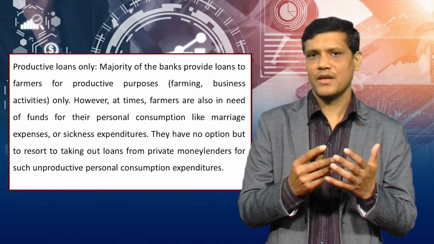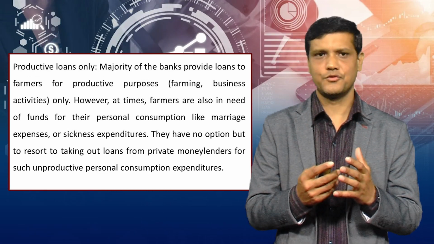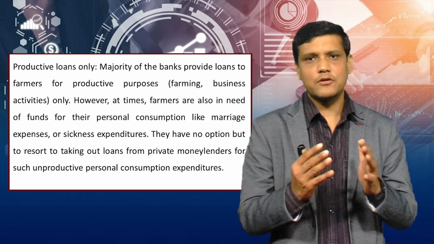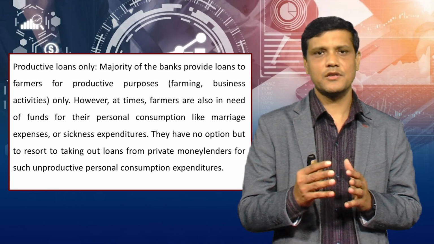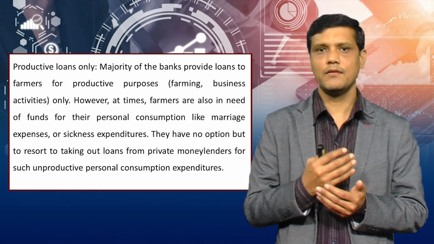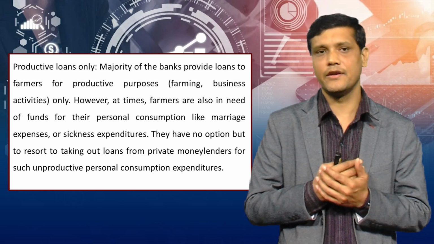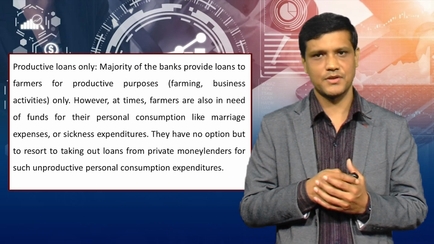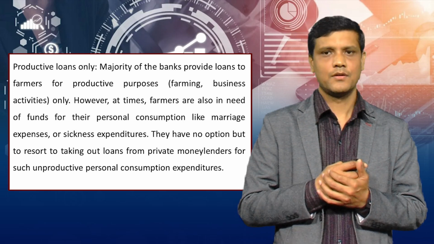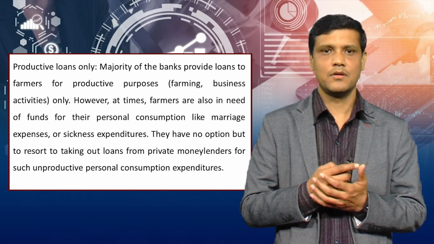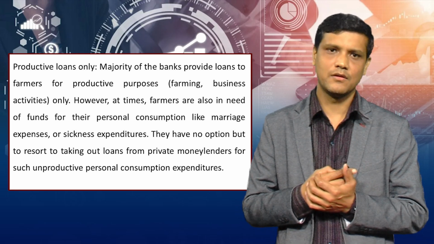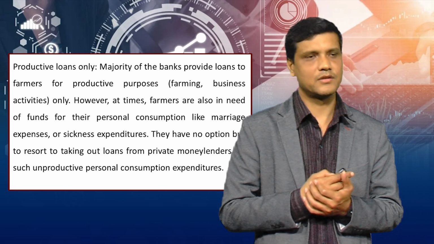So it becomes very difficult for farmers to provide collateral to obtain a loan. Then the majority of the banks provide loans to farmers for productive purposes only, that is, only for farming activities. However, at times farmers are also in need of funds for their personal consumption like marriage of children, sickness expenditures, etc. In that case they have no other option but to resort to taking out loans from private moneylenders for such unproductive personal consumption expenditures.